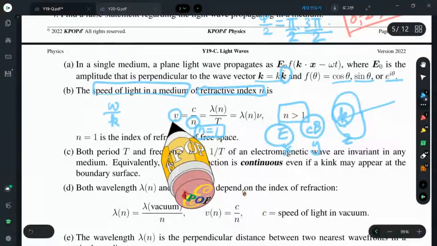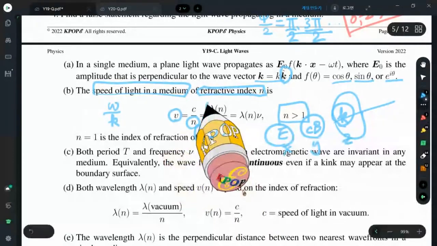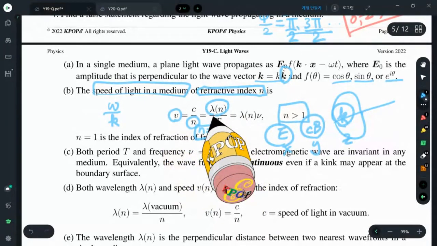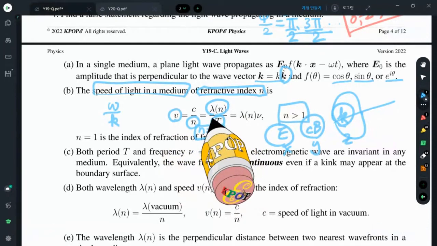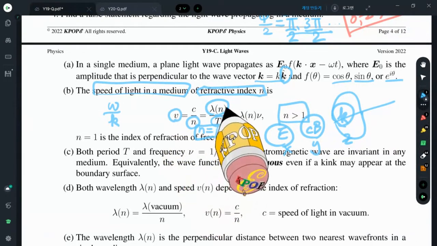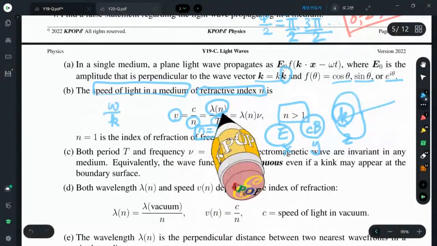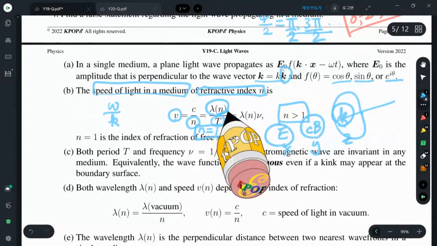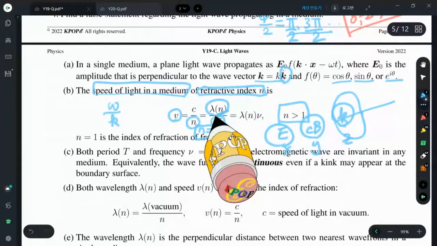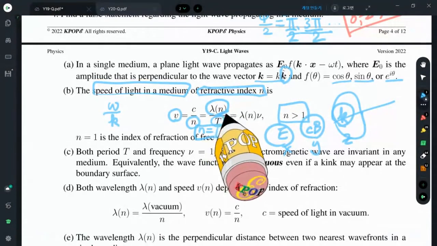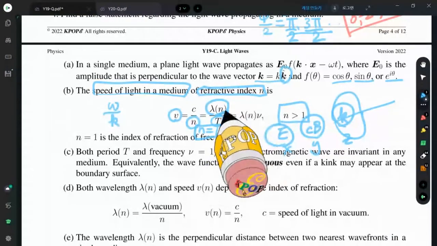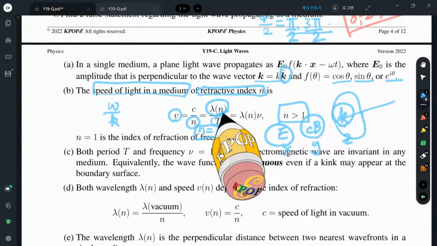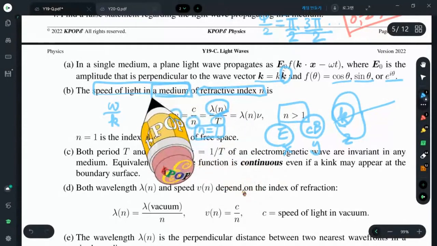And the speed of a wave can be expressed as the wavelength divided by the period. Here, I have indicated the refractive index n. So wavelength depends on the refractive index. Wavelength changes depending on the medium.